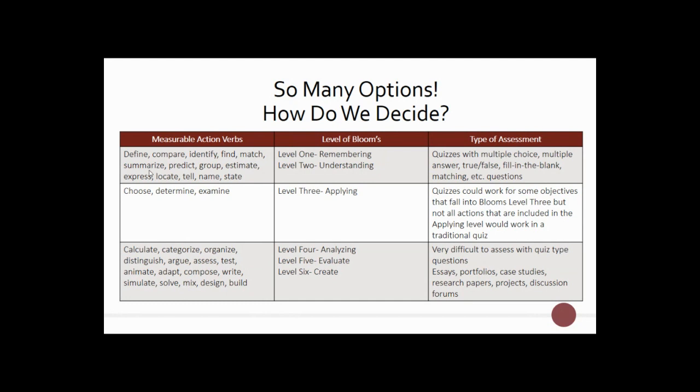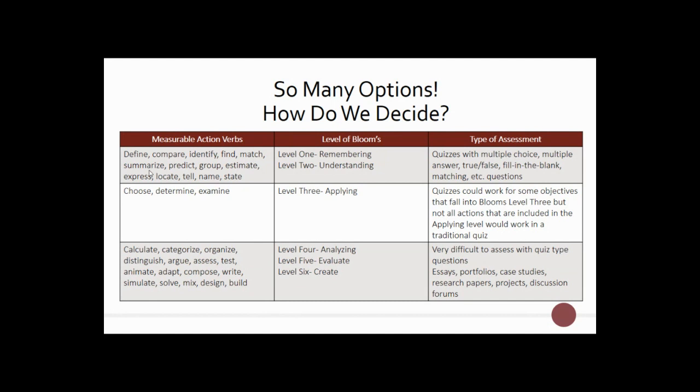And so with the applying level, some of those can still fit into your traditional quiz type questions, but not all of those action verbs included in the applying level will work in a traditional quiz. So you need to look at some outside of the traditional quiz type assessments.